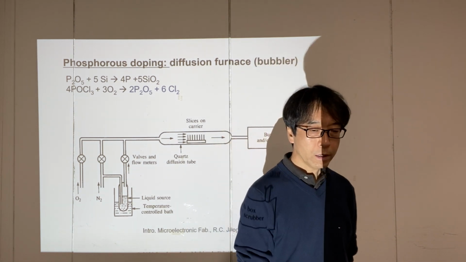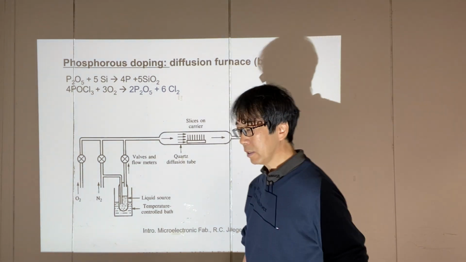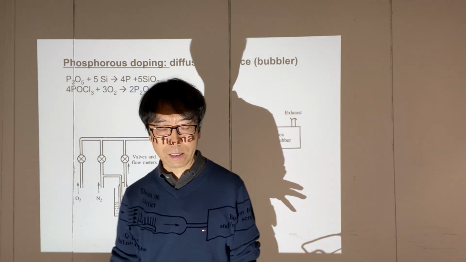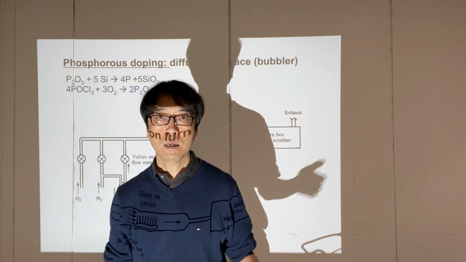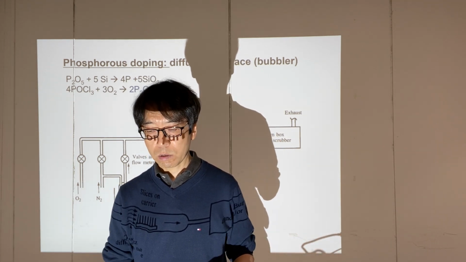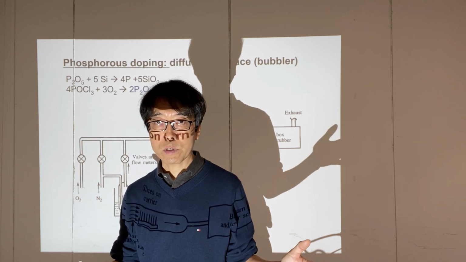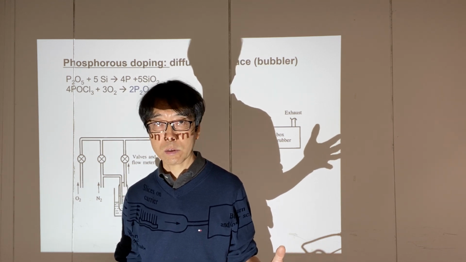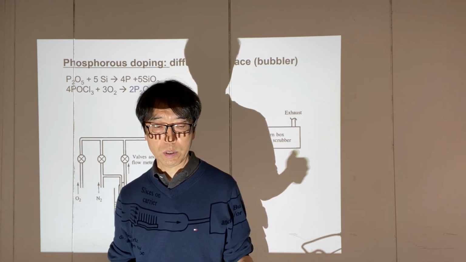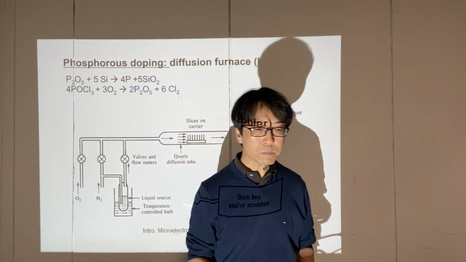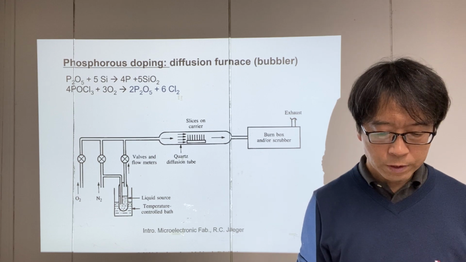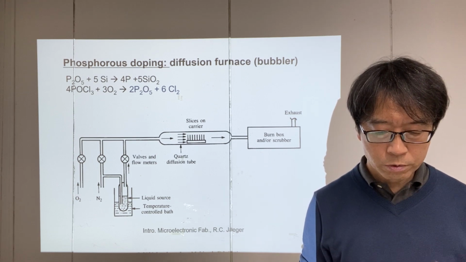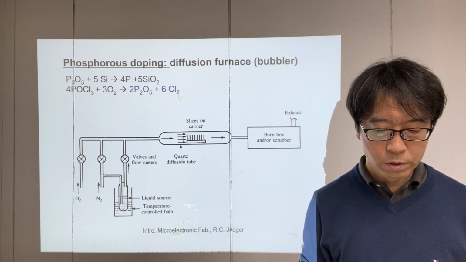This classical method is not used in our clean room anymore, but it's a very good method because you can create the doping on many wafers at once. It's targeted for production. So for phosphorus doping, we use a diffusion furnace. We call this a bubbler. You'll see why it's called a bubbler soon.